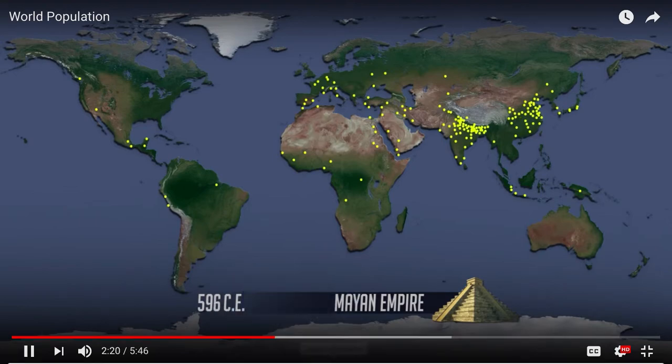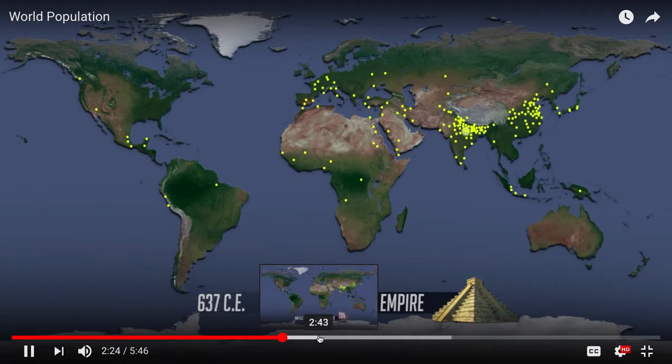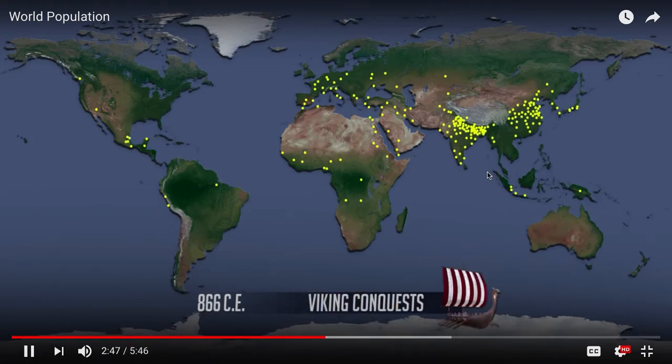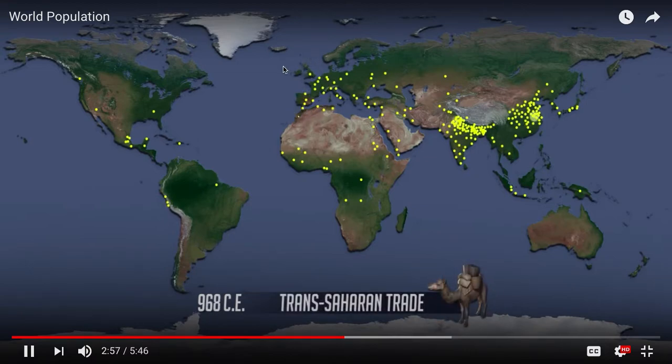Let's sort of zap through. I'm going to skip a few hundred years if that's okay with you. Oh, there we go. You see a lot of growth here in India right now. The Viking conquest, so people start spreading out. It's believed that the Vikings were actually the first Europeans to make it to North America, not Christopher Columbus.